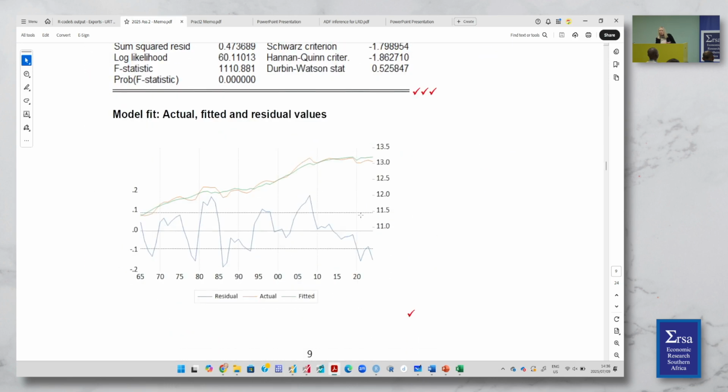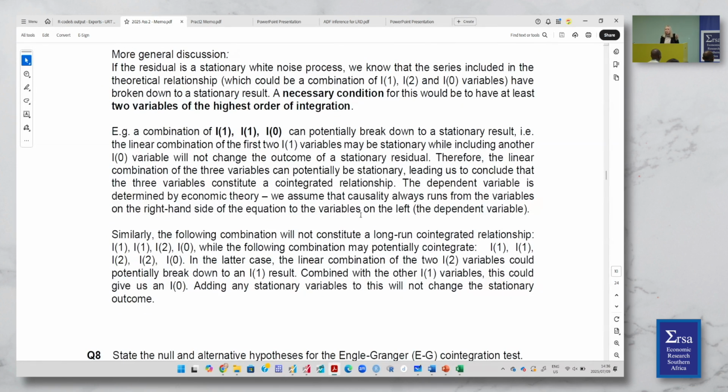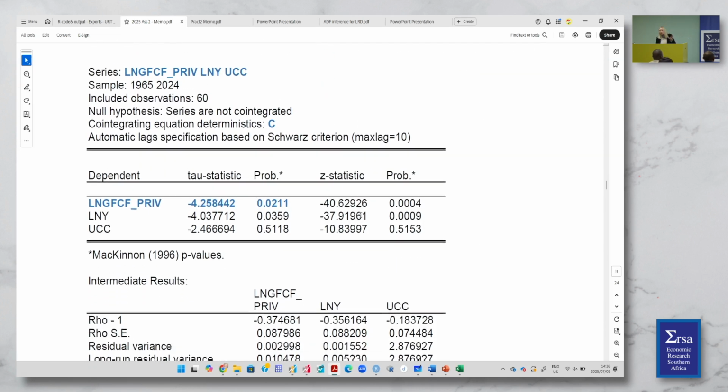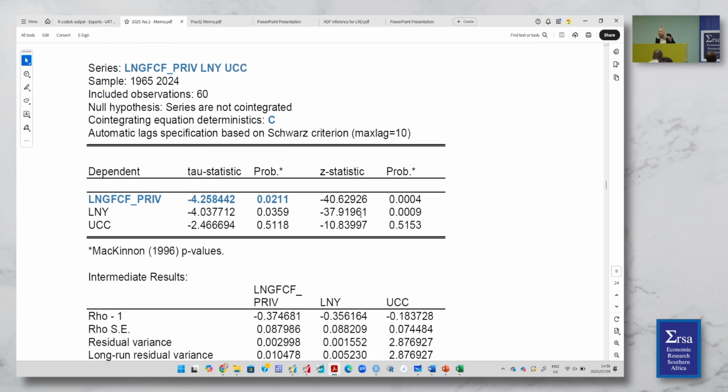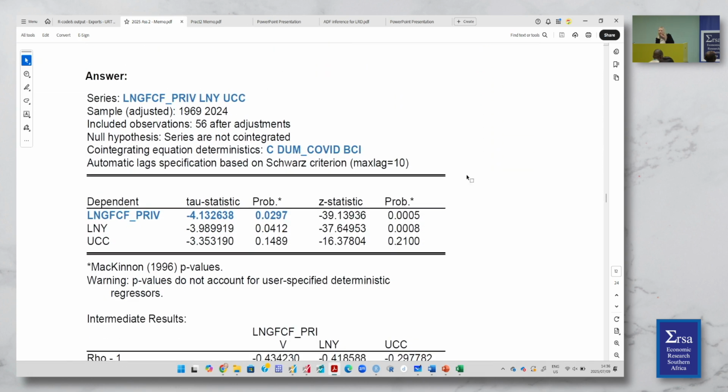Yeah, so what we would like to see, even though we do have co-integration, shouldn't we put in some form of that uncertainty? Whether it's global uncertainty or it's domestic business confidence. So what we tried here was to say, let's take COVID and then the BER's business confidence index. And even though we already had co-integration, does it not make sense to put that as a long-run driver?